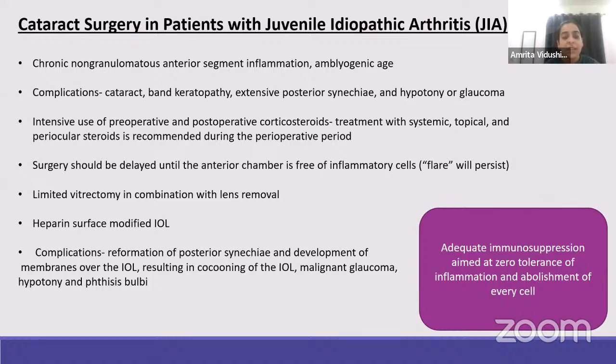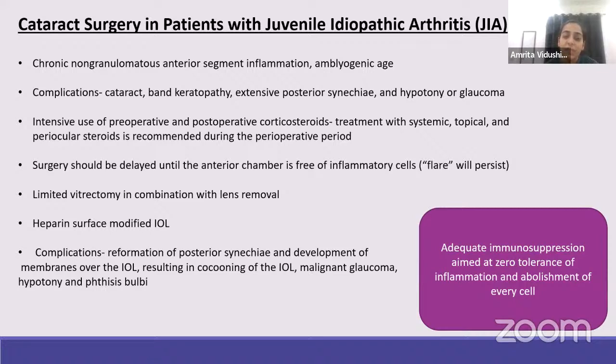The complications we have are cataract with band keratopathy, extensive posterior synechiae, hypotonia, or glaucoma. Because of the intensive use of preoperative and postoperative corticosteroids, we can use systemic and topical steroids along with periocular steroids in the perioperative period to maintain the anti-inflammatory effect.